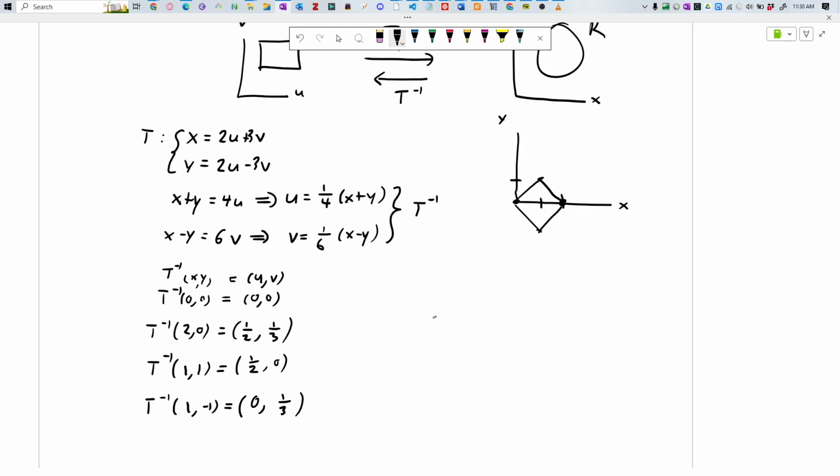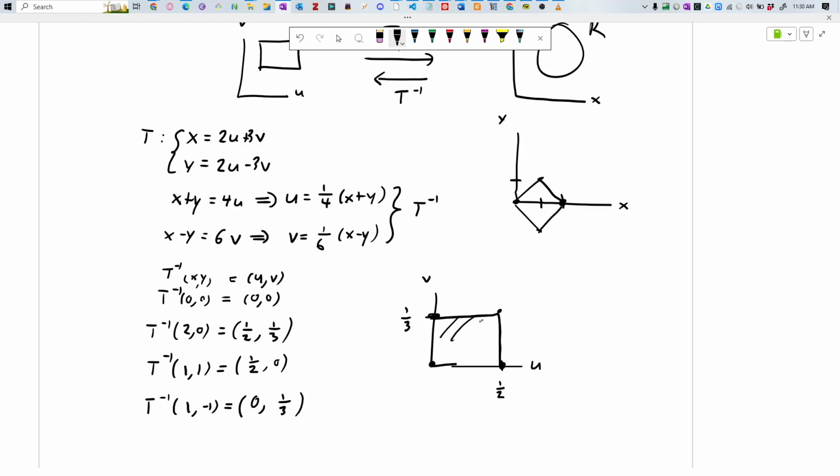Alright, what does that region look like now? Okay, so in uv, we have 0, 0. Oh, we have a square. Okay, so we have 0, 0, 0, 1/3. I'm going to exaggerate what 1/3 looks like. 1/2, which should be larger, and then 1/2, comma 1/3.